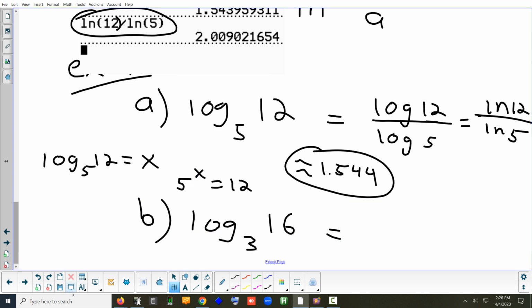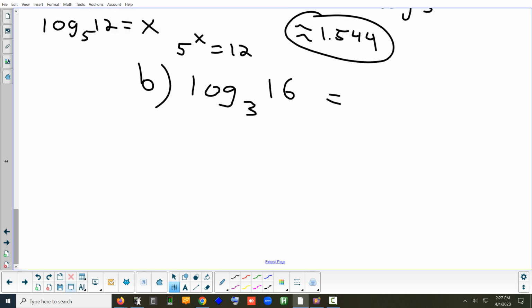All right. How about this one? So if you want to think of this as an exponential problem, this is what it's asking you. 3 to what power gives you 16? That's what I want to know. Well, what two numbers do we know x has to be between?